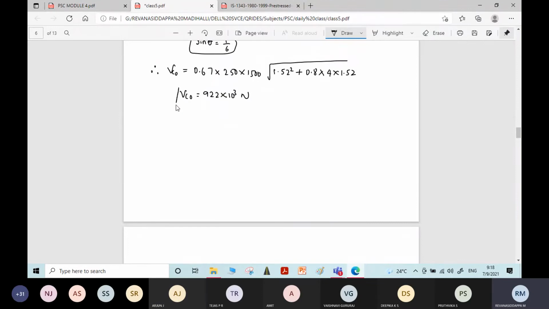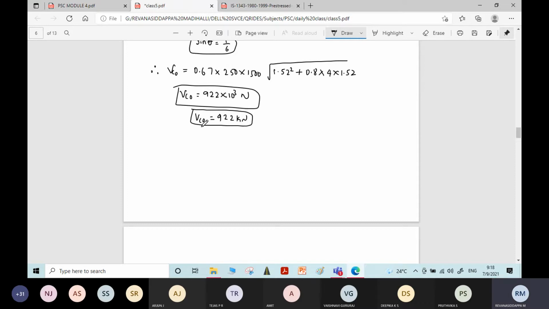Yes, sir. Therefore, VC naught is equal to 922 kilonewton. This is the ultimate shear resistance. The beam is capable to carry a shear force of 922 kilonewton.